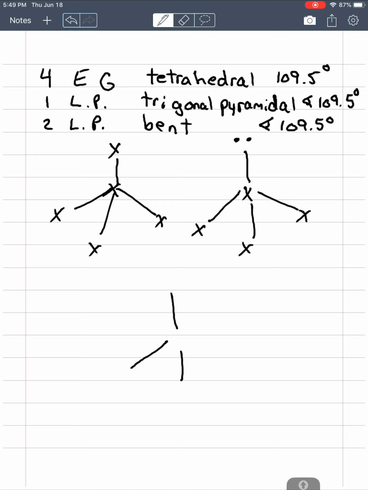Now we're going to look at it when we have 2 lone pairs. All right, and the shape between these is bent. The electron geometry is still tetrahedral because we're including all electron groups regardless of whether or not they're lone pairs. But the molecular geometry, it matters about the lone pairs.